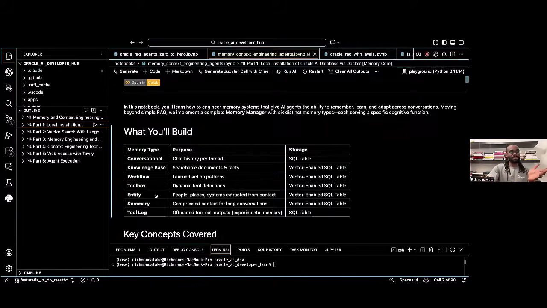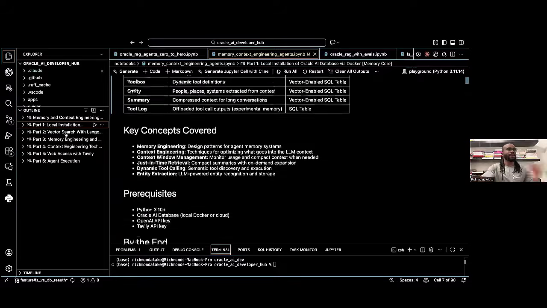Some of these tables have vector data in them, so we retrieve using semantic search, and some of them don't have any vector data, and we just retrieve using traditional or time-based retrieval strategies. The key thing is with Oracle AI Database, you can use graph, vector, lexical, which is text or keyword, any of the different search techniques you can think of, in one database.